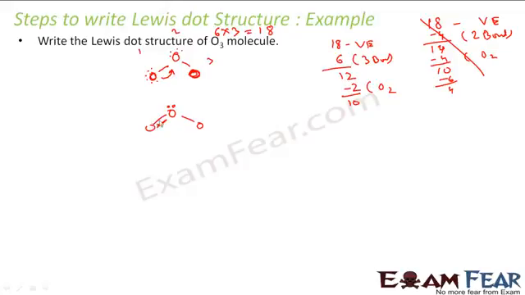It had 4, so it needs 4 more, and we have 6 remaining now. Let's make oxygen 3 happy. It has 2 electrons now and needs 6 to be happy. So this one is also happy, we have 0 electrons, and everybody is happy. And this is the structure.